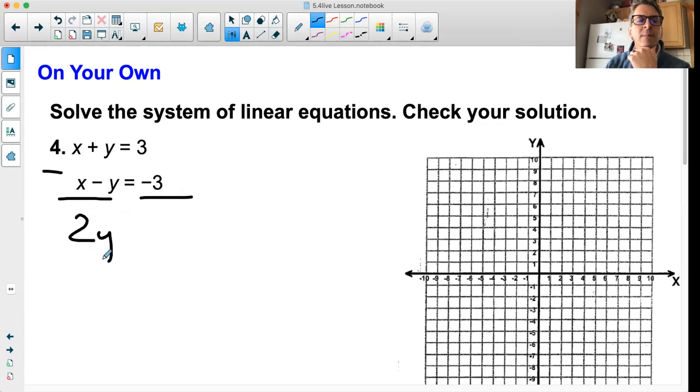So I got 1y minus a -1y. To subtract a -1y is to add a y. So I have 2y, and that's 3 minus a -3. So that would be a +6. So 2y is equal to 6, and y is equal to 3.